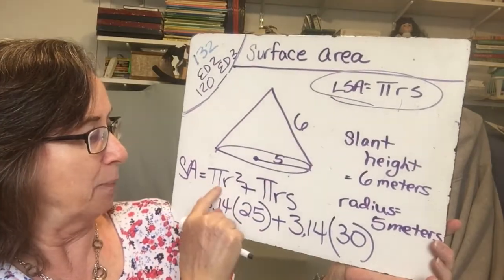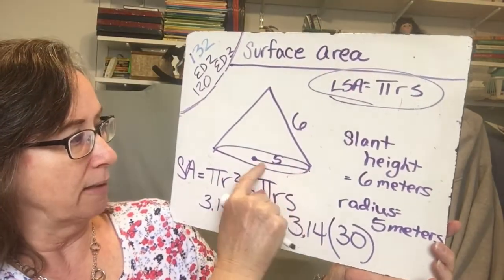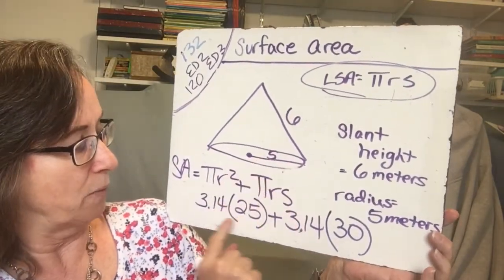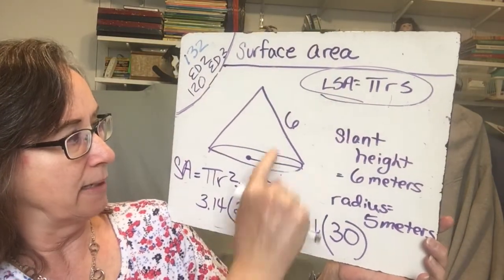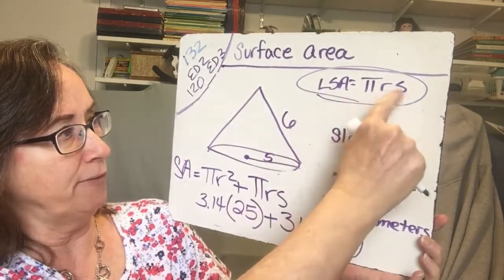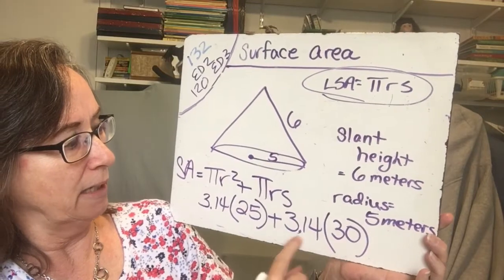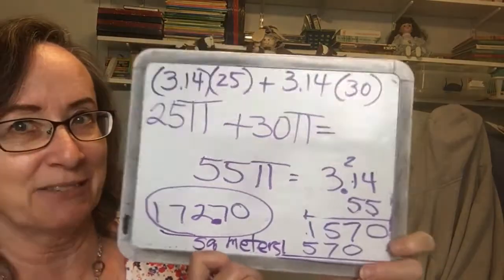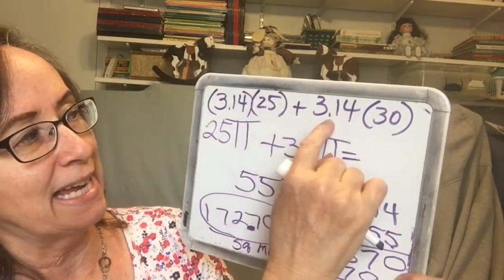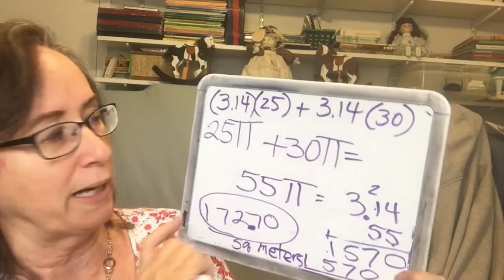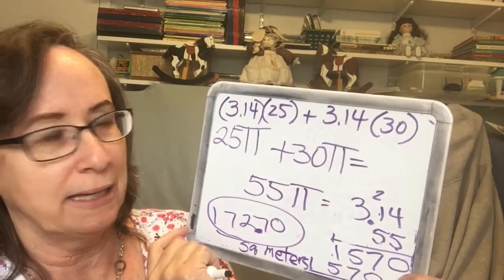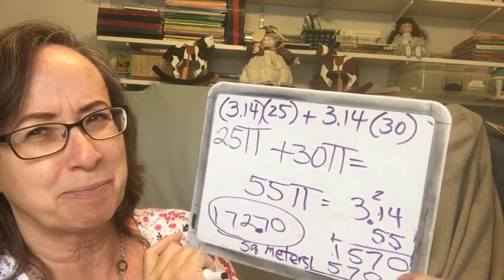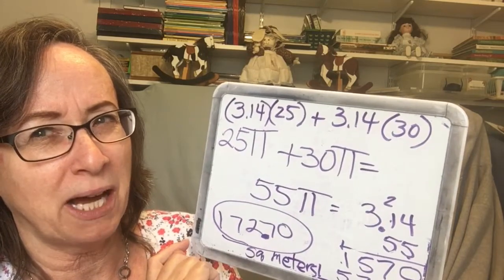So here I had pi times 5 squared is 25 pi plus 6 times 5, 30 pi. And then I went to the other board and said, we can do it a little easier if instead of doing the 3.14 right away, we go back to the pi and just say 25 pi plus 30 pi is 55 pi.